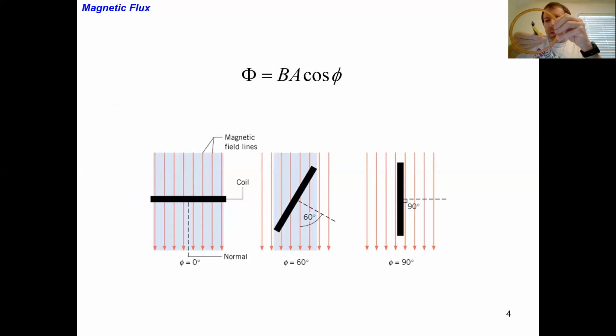But as I start to twist this, keeping the magnetic field basically towards the camera, I can imagine that I'm going to have less and less field lines penetrating. That's what's going on in the second image in the middle panel. When I twist it all the way so that the perpendicular to my coil and the magnetic field are at a 90-degree angle, what would I have? I would have no magnetic flux through my coil.